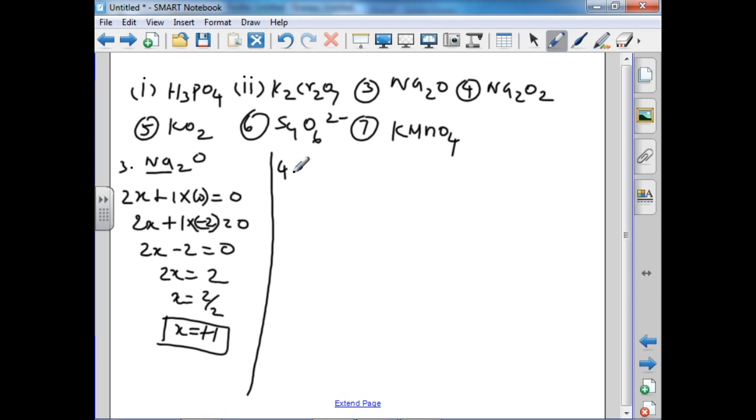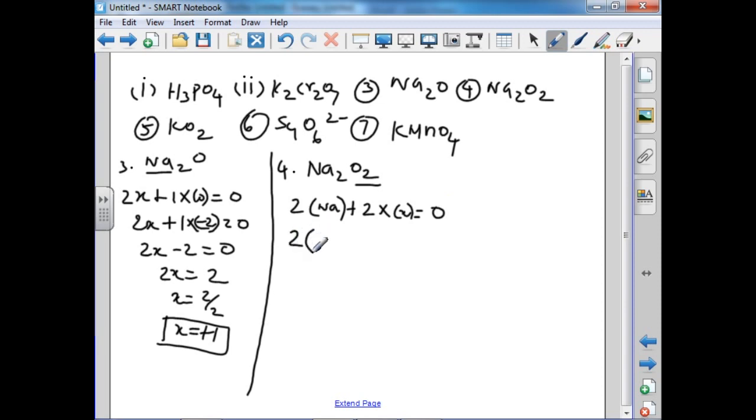The fourth one, peroxide, Na2O2. So find out the oxidation number of oxygen in Na2O2. So 2 atoms of sodium plus oxygen as X. So 2 into X equal to, that is a neutral molecule, so 0.